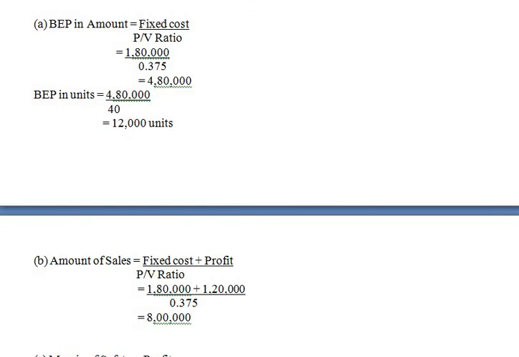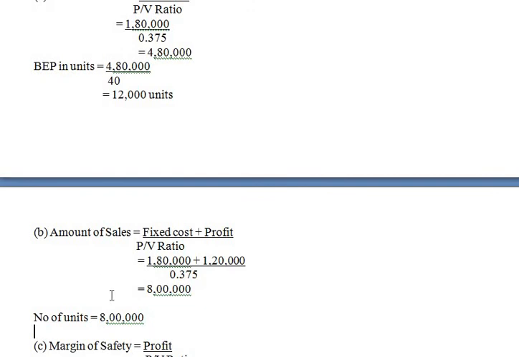So next we are going to see number of units is equals to 8 lakhs divided by selling price is 40. So that is equals to 2000 units. Okay, so to earn 1,20,000, they have to sell 2000 units.